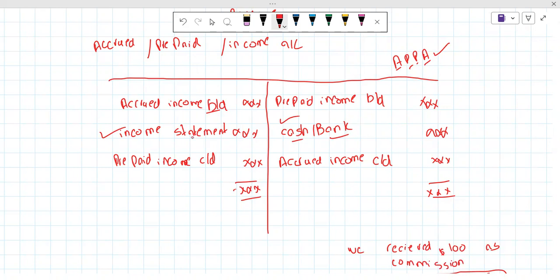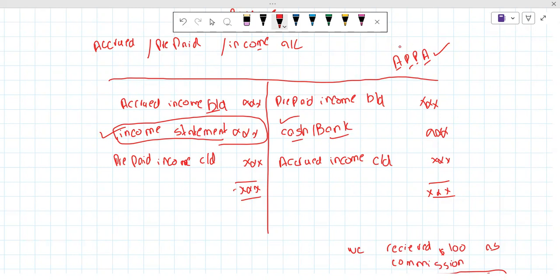But at the end of the year, when we post all the income to the income statement, we will debit the income account and credit the income statement. So basically, the income account is debiting and the income statement is crediting. Okay, so this is the concept.